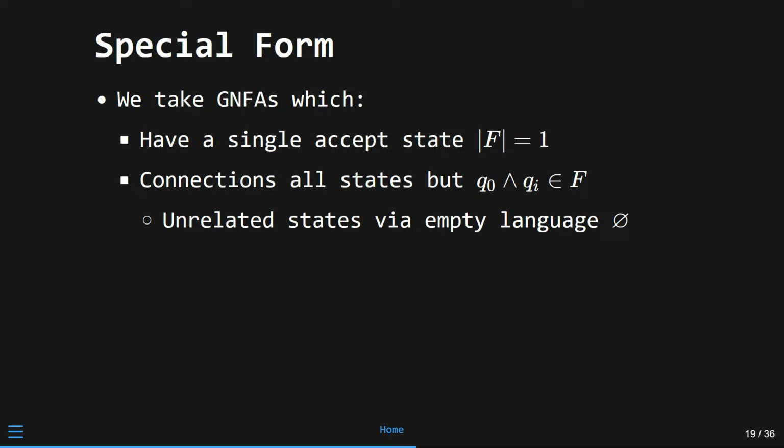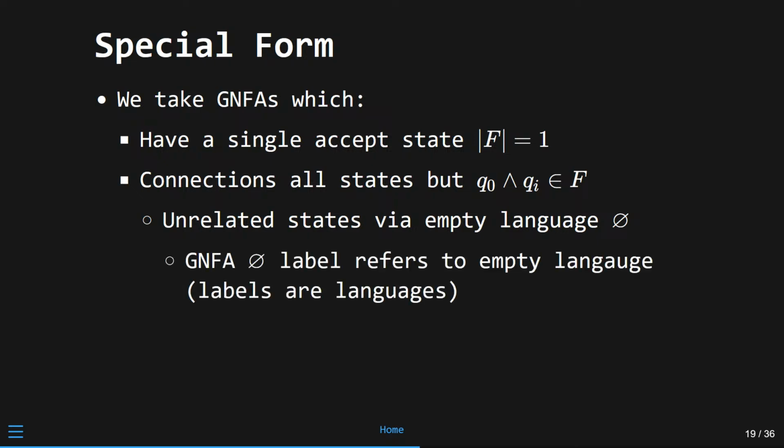You can say there's an edge between any 2 states, even if it's the empty language edge. But there has to be a connection between the initial state and the final state. And if you can't just accept initially, then you simply say, that's the empty language. There is nothing that allows you to accept immediately. And if there's something that allows you to accept immediately, well, then that's the language that goes on the edge.